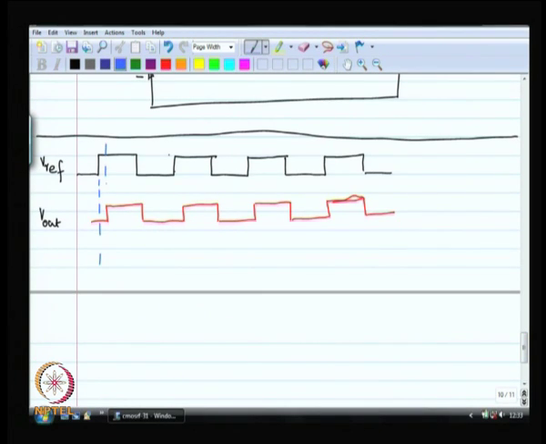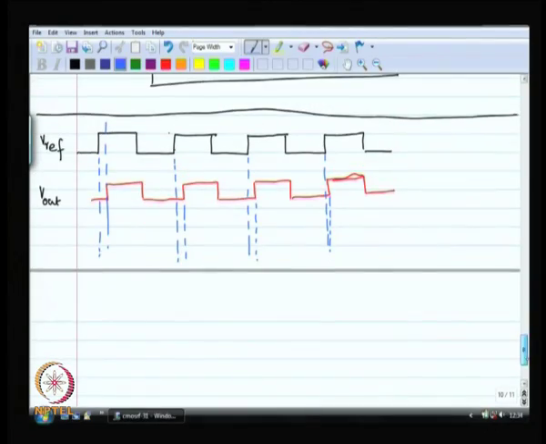What is the output that you want? You want an output that is proportional to the time gap between these two edges. All right, an XOR gate, right? An XOR gate can do the job. Seems like an XOR gate can do the job.